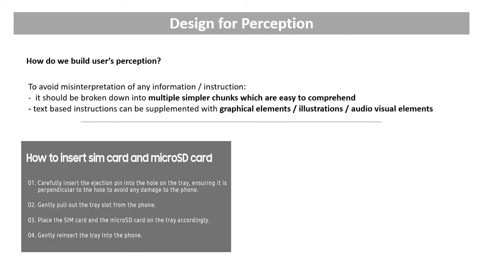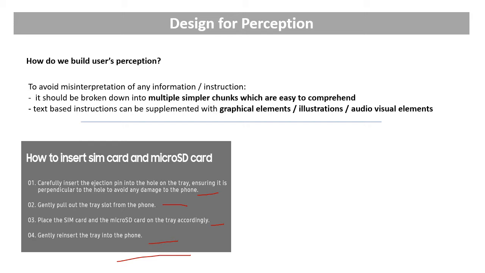So let's take the example of a task where a user needs to insert a SIM card inside his cell phone. One instance can be that I am laying out all these steps one by one, say, as the manufacturer has laid out.